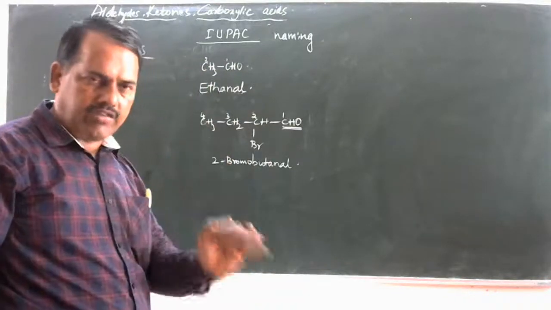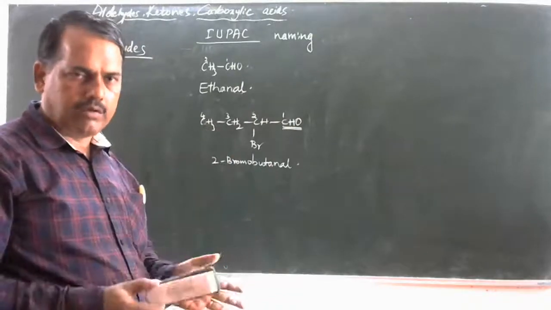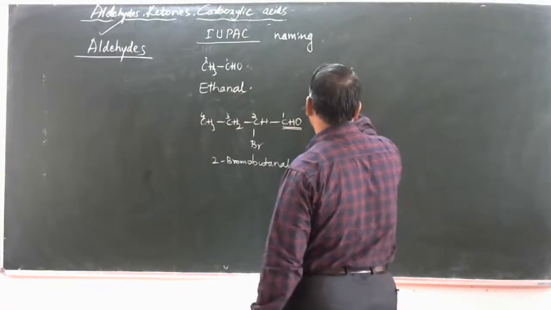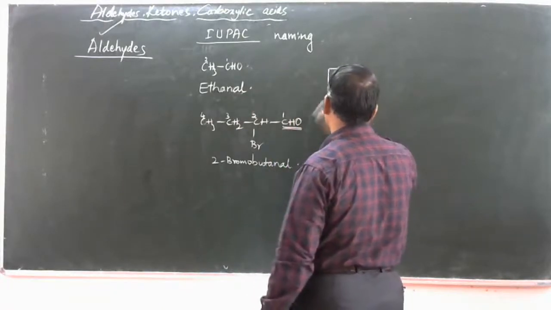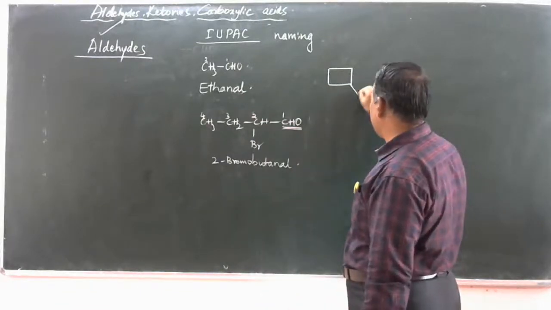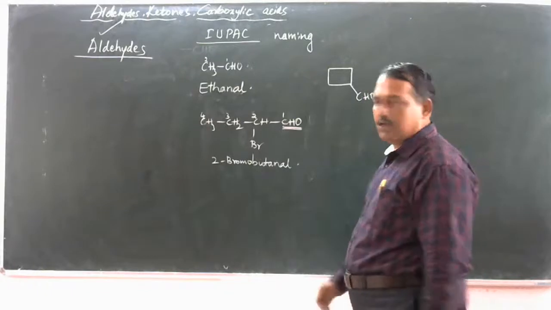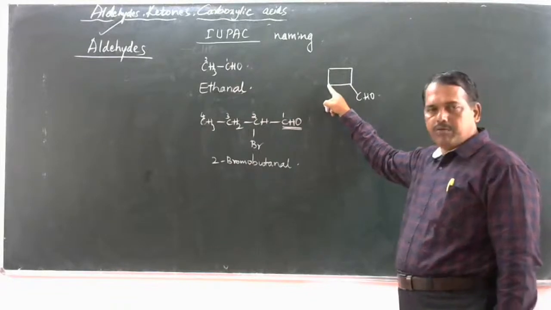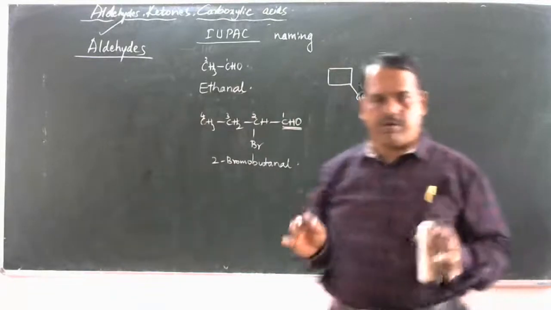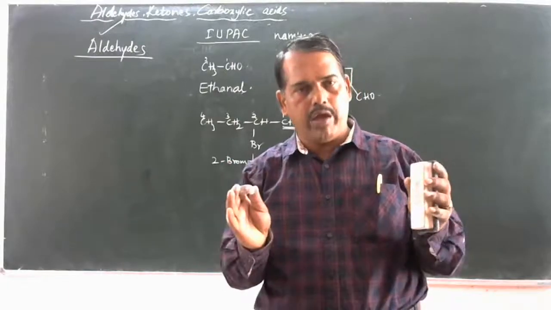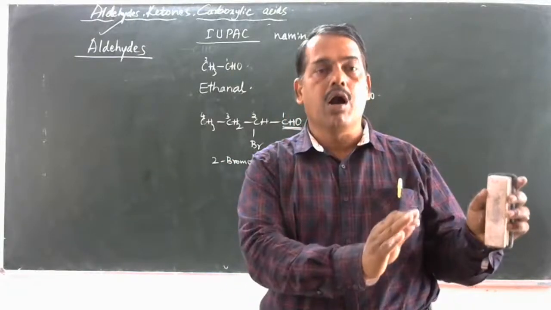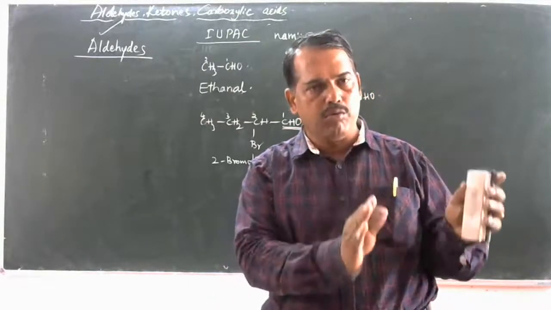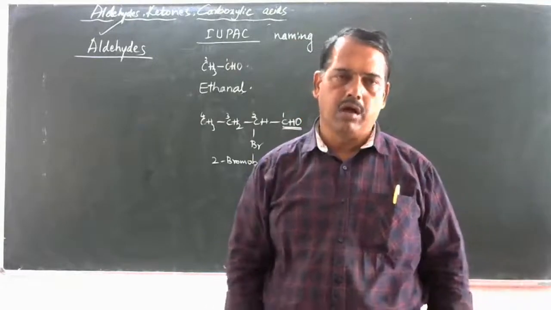If there are cyclic aldehydes with a ring, take for example a cyclic aldehyde, and suppose one aldehyde group is here. It is nothing but cyclo 1, 2, 3, 4, cyclobutane. The entire name we write is cyclobutane, and then we add the word carbaldehyde, so its name is cyclobutane carbaldehyde. Are you clear?